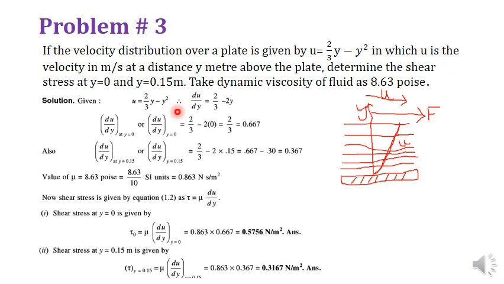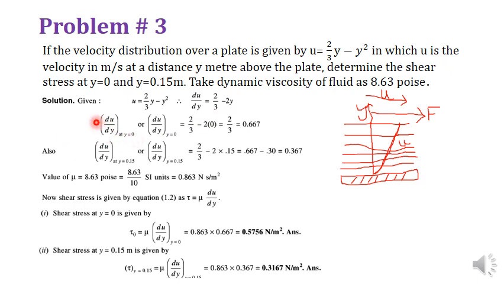Given u = 2/3 y − y², this velocity profile is given to us. Now in our viscosity equation, we are interested in the differential relationship. So if you differentiate the equation with respect to y, du/dy will be equal to 2/3 − 2y.